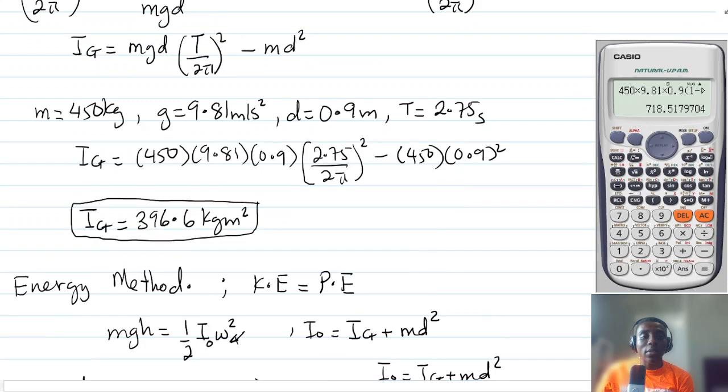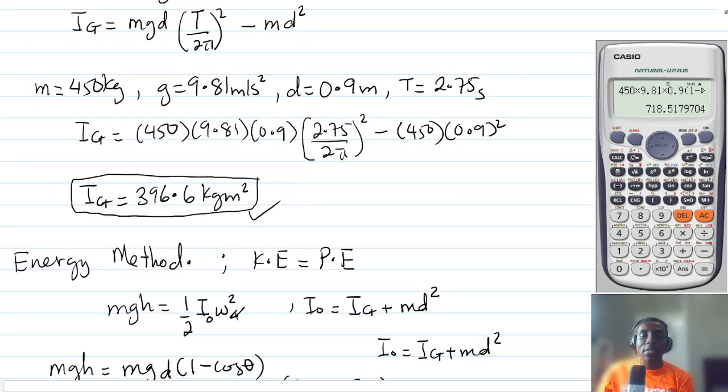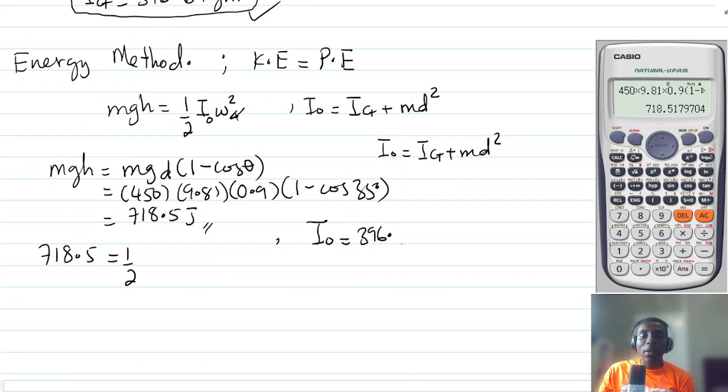So it is 396.6 plus the mass, which is 450, multiplied by d, which is 0.9 squared.